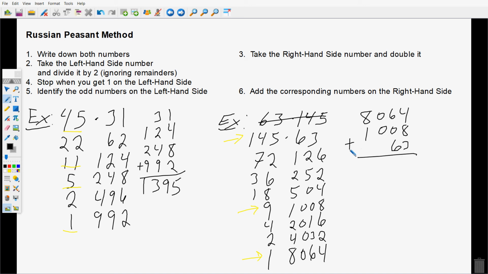So on a calculator, punch in 8064 plus 1008 plus 63, and you're going to get 9,135. And this is multiplying using the Russian peasant method.